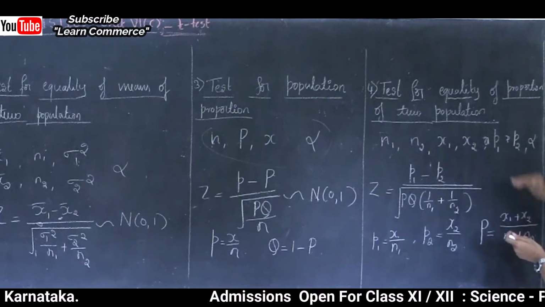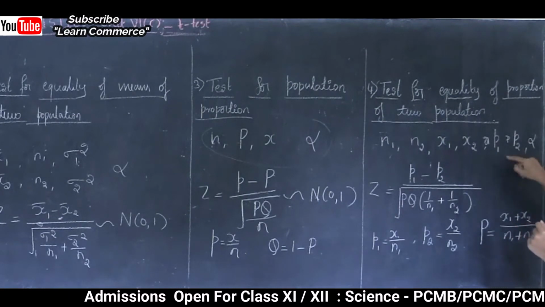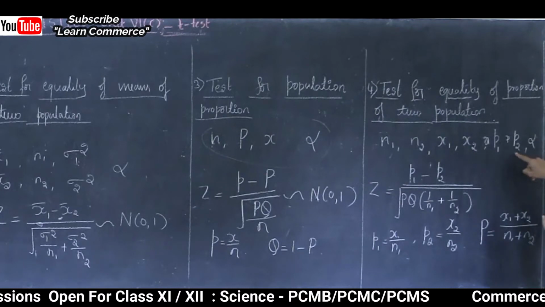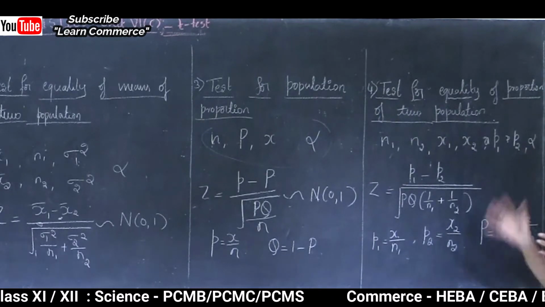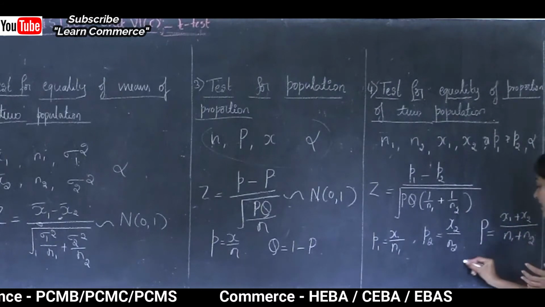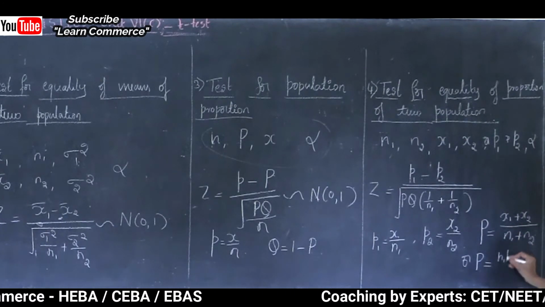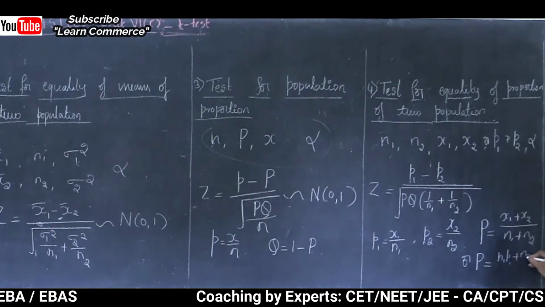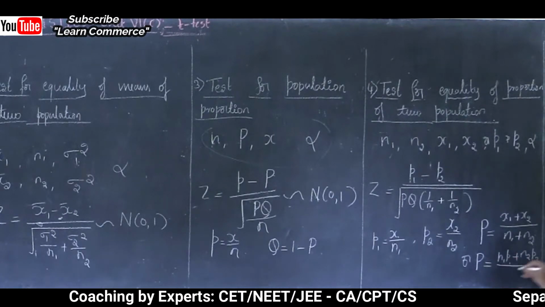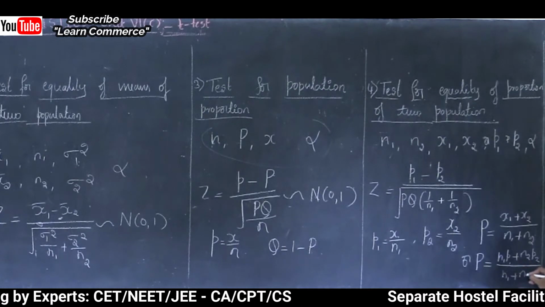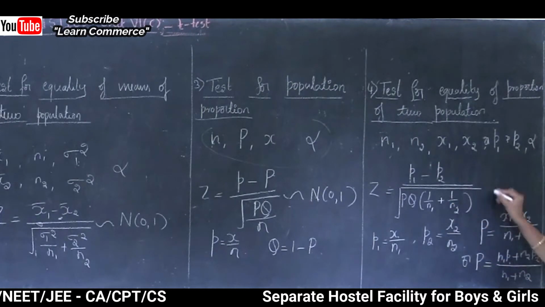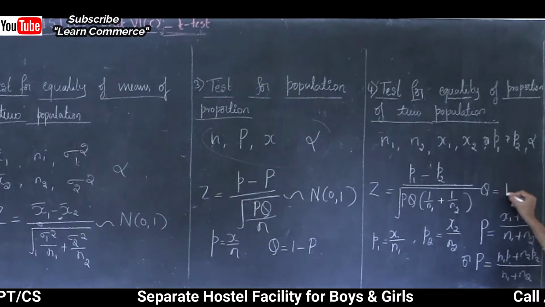In case small p1 and small p2 are given in the question, we use the formula n1 p1 plus n2 p2 divided by n1 plus n2. To calculate Q we use Q is equal to 1 minus P.